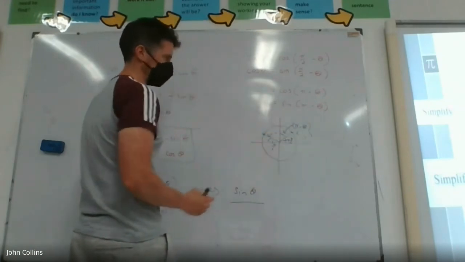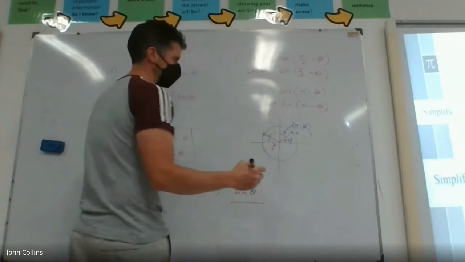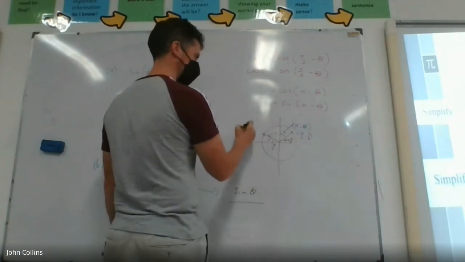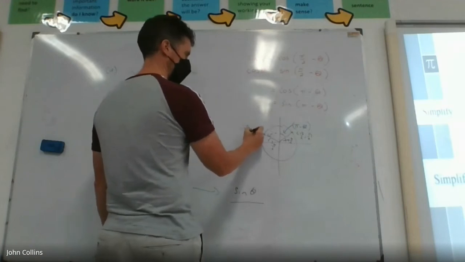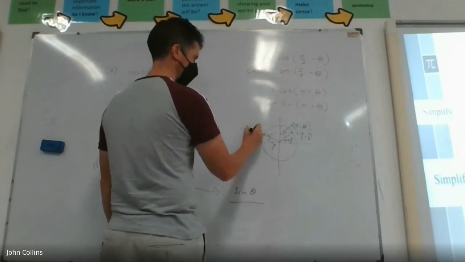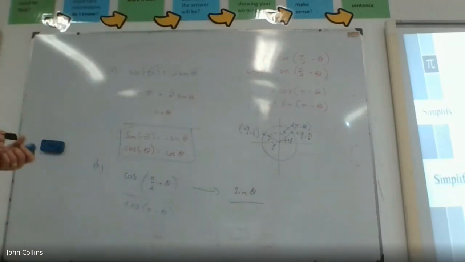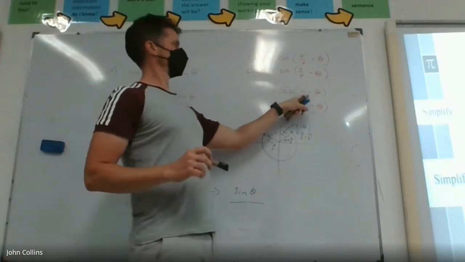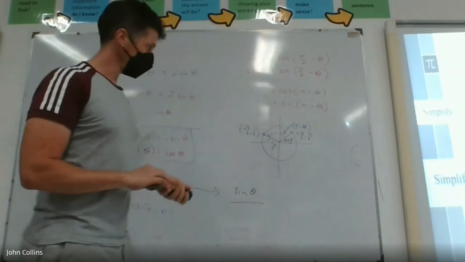Cosine of pi over 6 is root 3 over 2, and sine is a half. This point over here is, isn't it, minus root 3 over 2 and positive a half? Yeah? Okay. So what's my generalization here? Cos of pi minus theta, Laura, is?